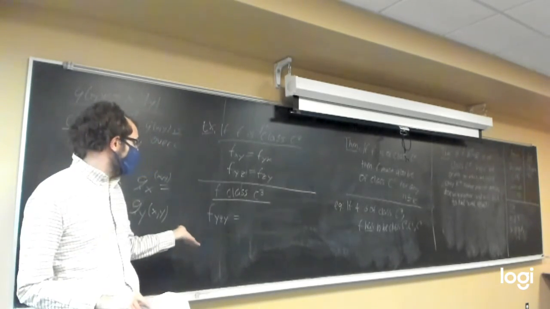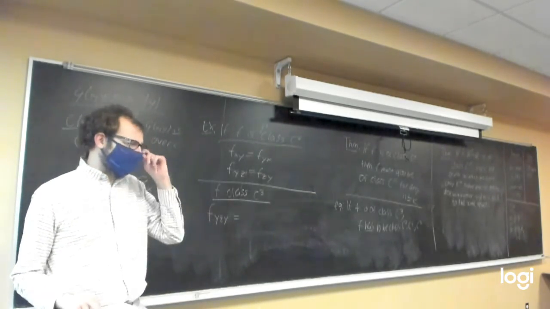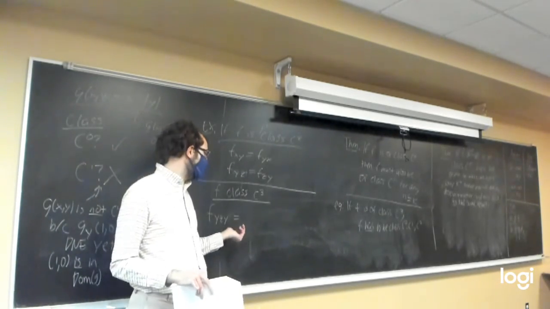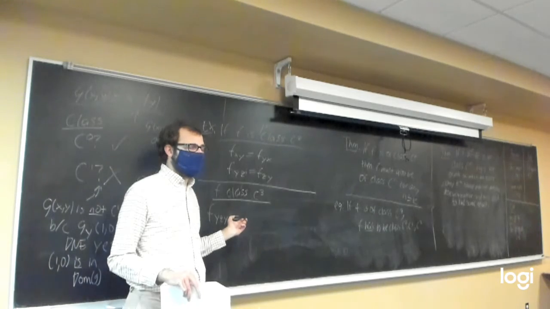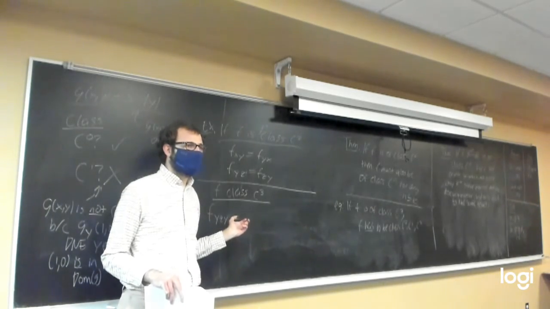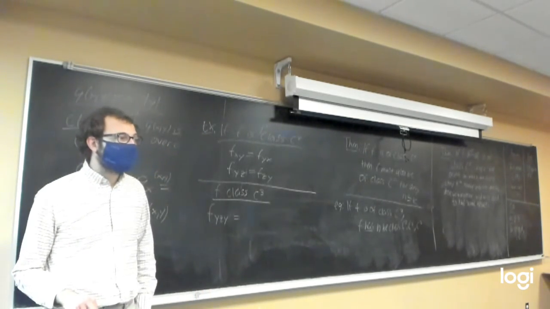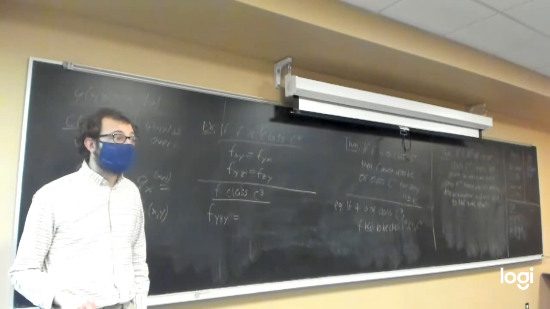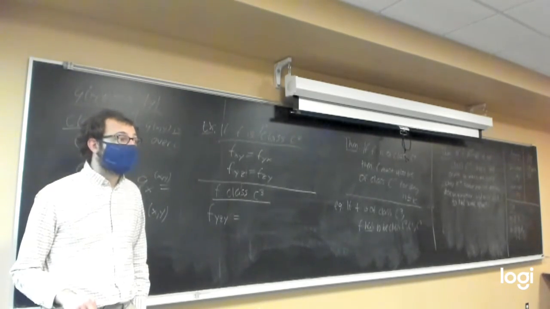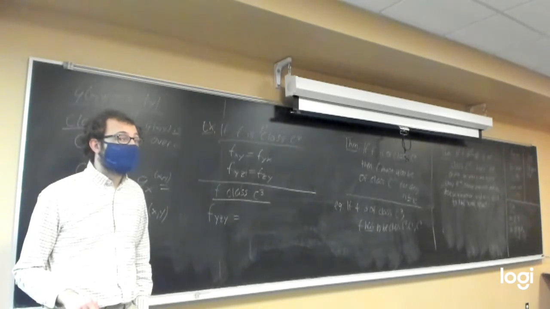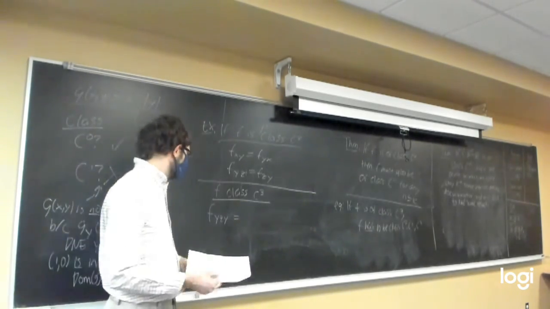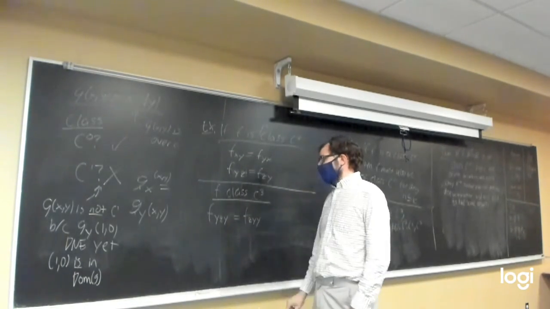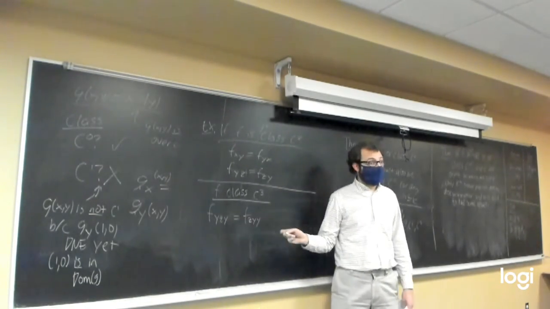If we have a C3 function, we should be able to come up with a couple other third-order partial derivatives that should be equal to this. Anybody think of one? Yeah, f sub zyy. So you basically swap the first two.